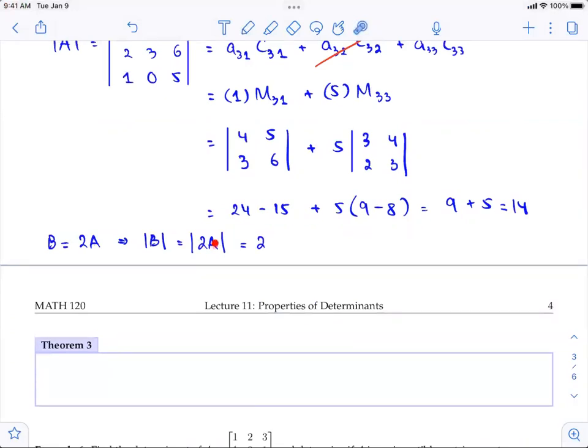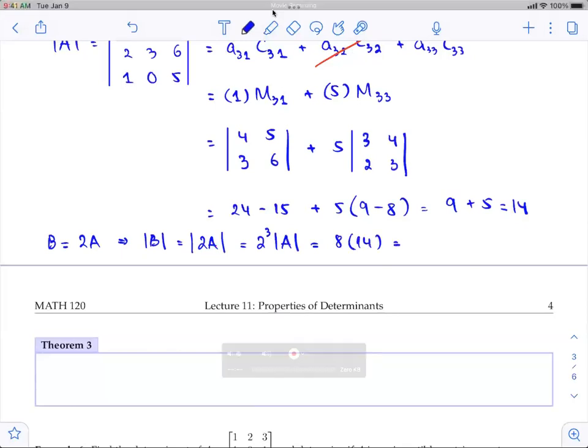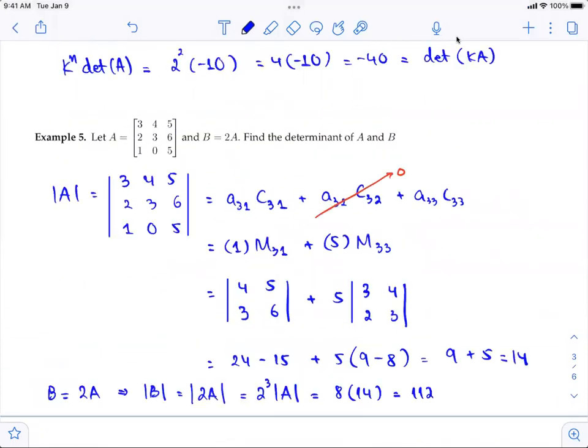The matrix A is a 3 by 3 matrix, so n is equal to 3, times the determinant of A, and the determinant of A we just got, which is 14. So this is 2 cubed times 14, or this is equal to 112. All right, so that's how you calculate the determinant of a constant multiple of a matrix.